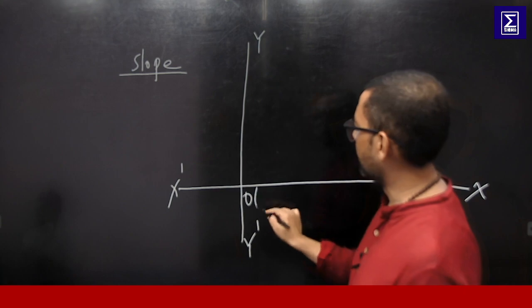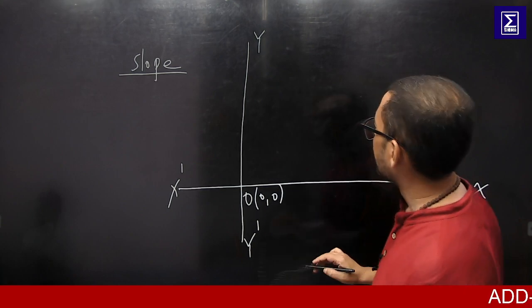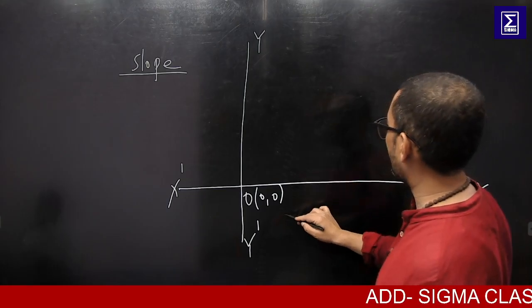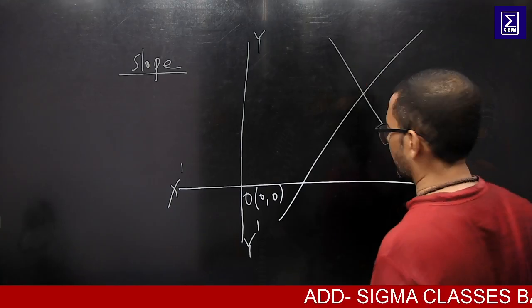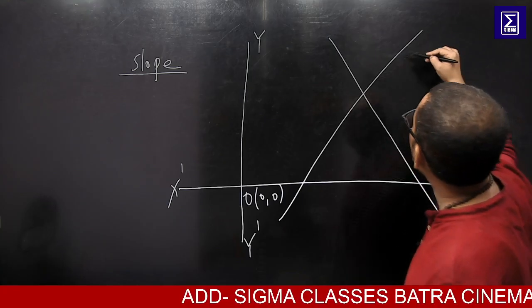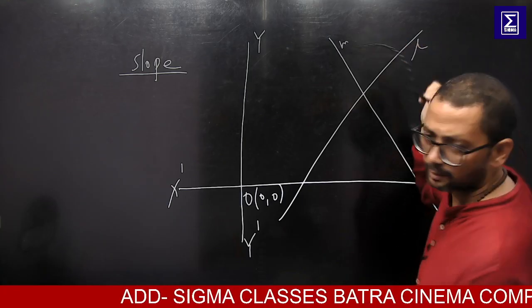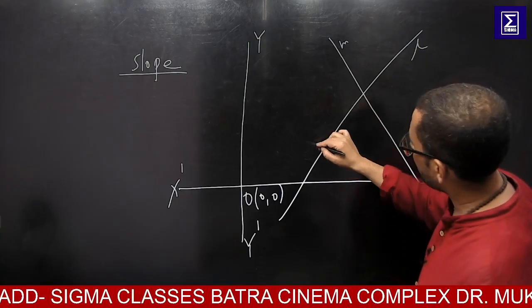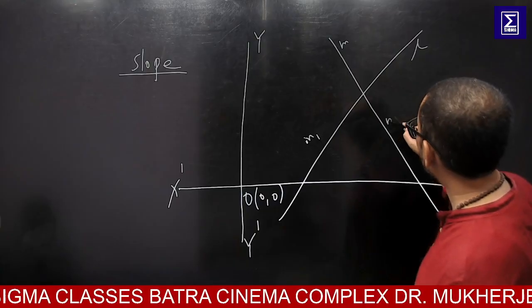This is O, the origin (0, 0). Let's say 2 lines are there. This is, for example, L and this is M. The slope of this line is m1 and the slope of this line is m2.